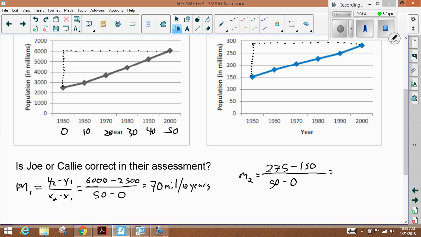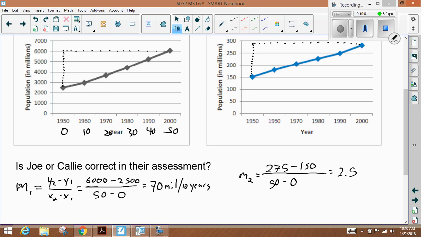So 275 minus 1. I am messing this up. Some done. I could probably do this in my head, but I'm not going to. 2.5, all right.